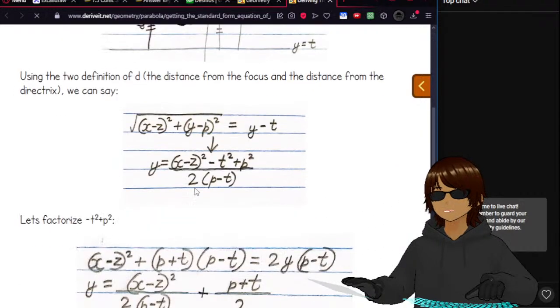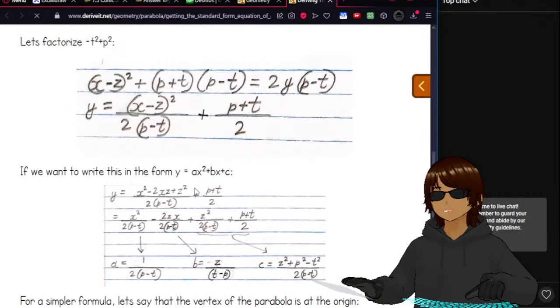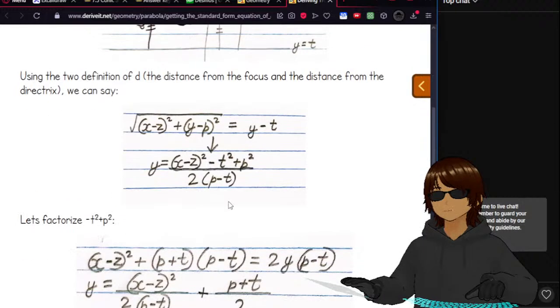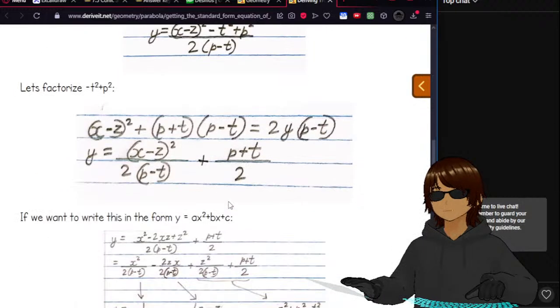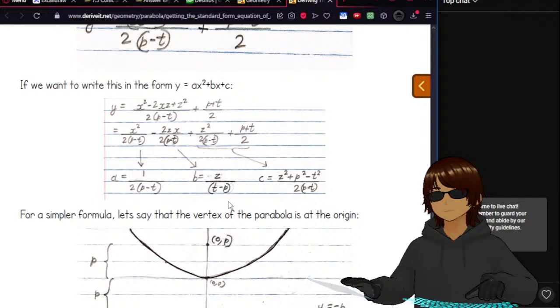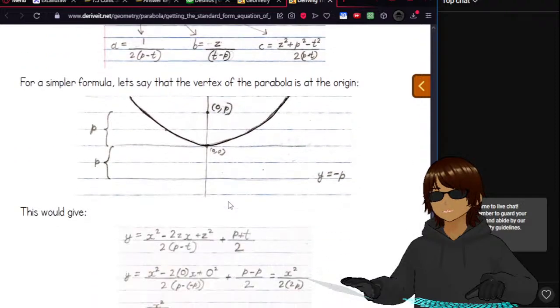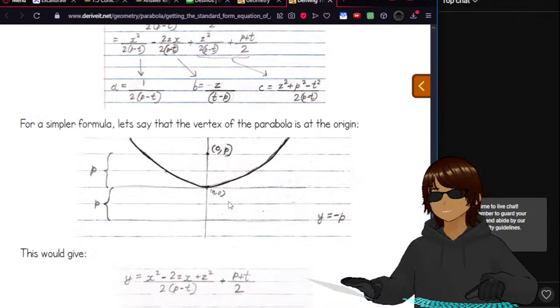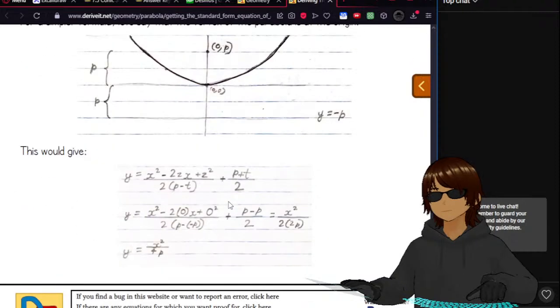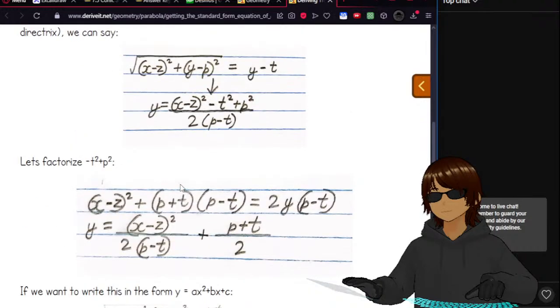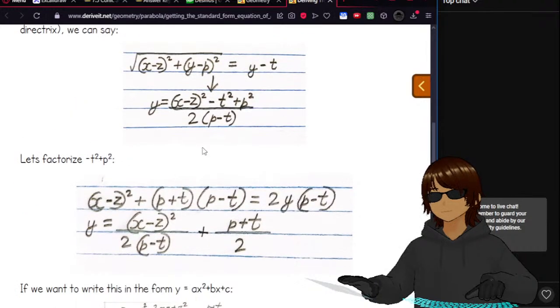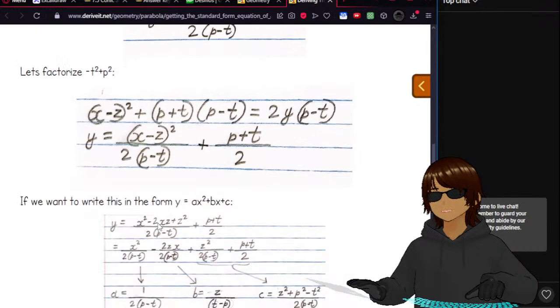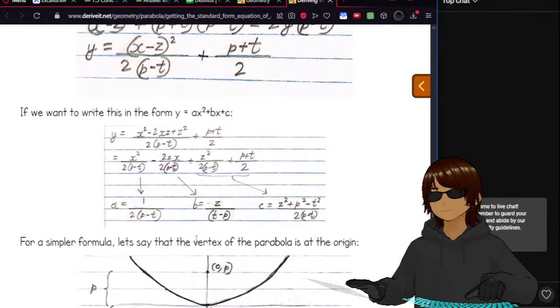So over here, what I derived was the standard formula. I think I will rewrite some of it. So over here, this is what I end up with.